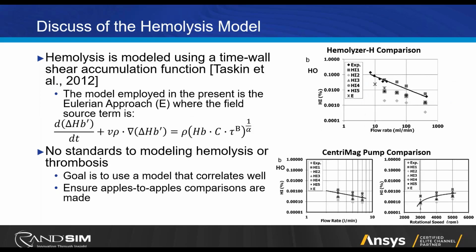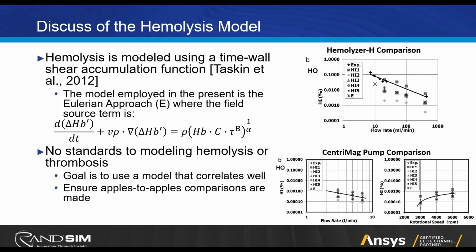They've shown in experimental data that the models they use for hemolysis, while they don't necessarily predict the exact value of hemolysis that might occur, trend extremely well with experimental data. This has been done across numerous devices, most notably by Taskin.